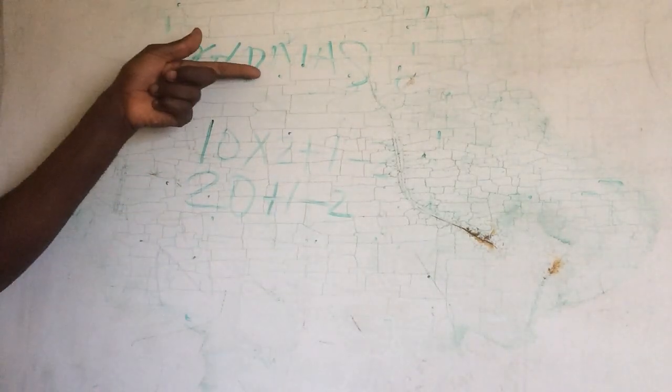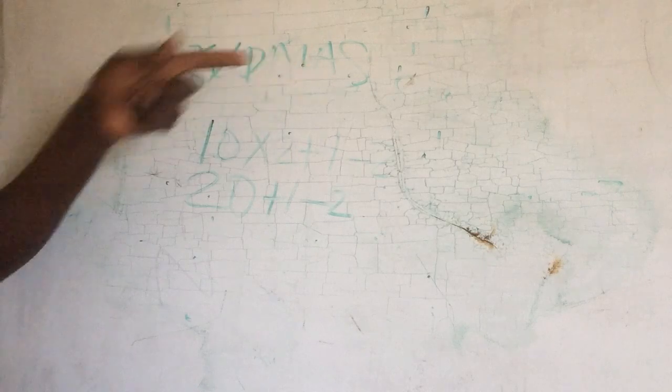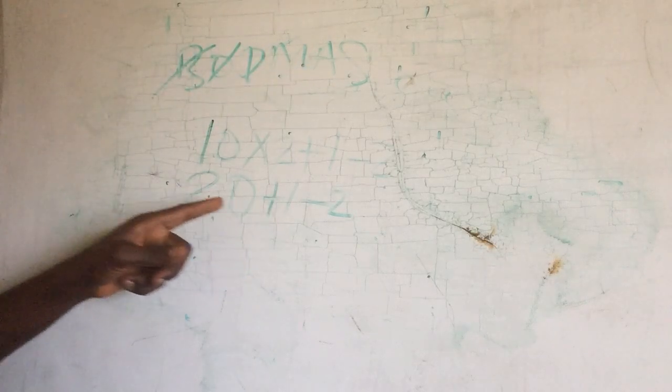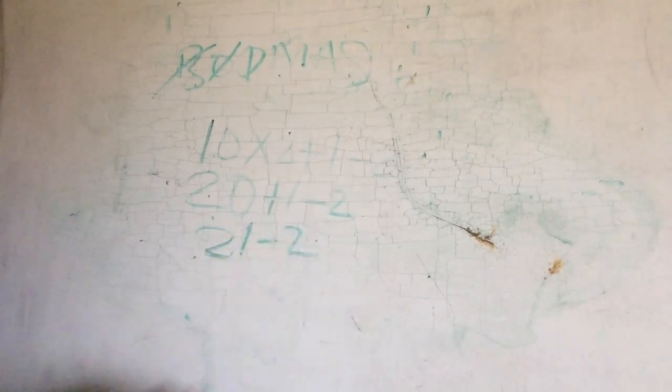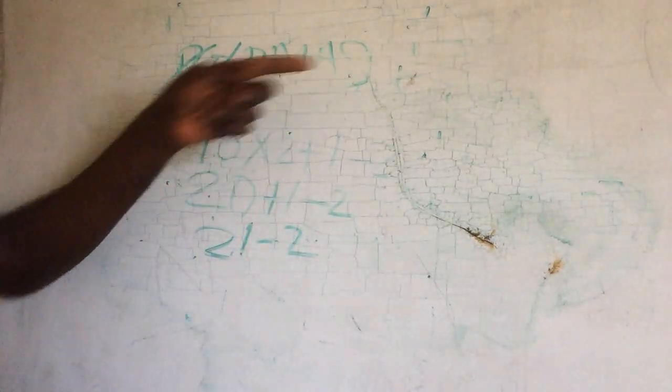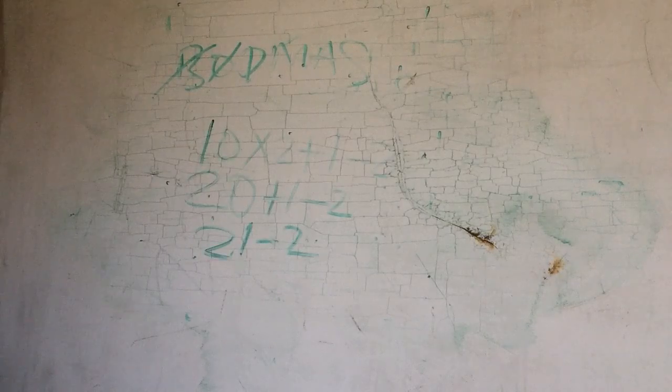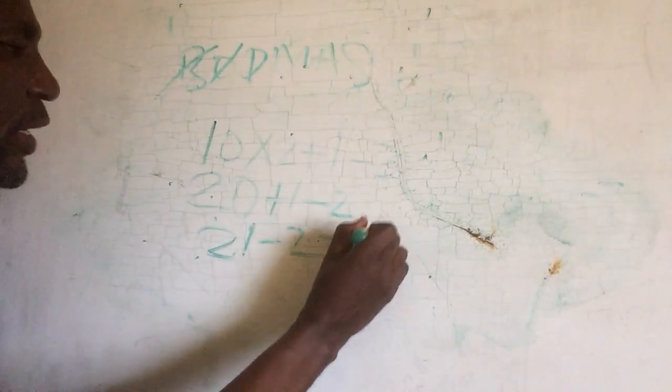What again in your BODMAS is addition. You do addition first: 20 plus 1, which is 21, minus 2. So finally subtraction. It will be 21 minus 2, which the answer will be 19.